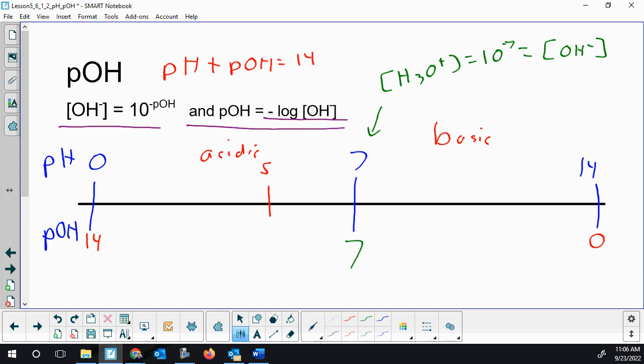What is the pOH? 5 and something is 14. That's going to be 9. Okay. If I have a pH of 3, I have a pOH of 11.